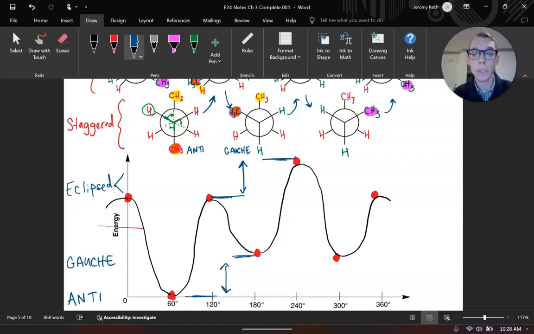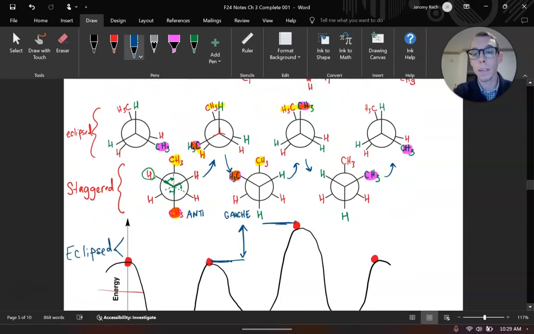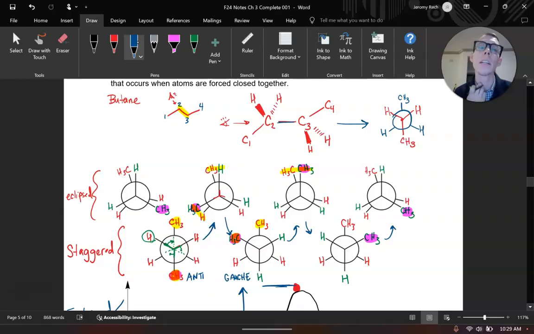It's best to do this in just tiny little chunks where you choose one of your conformations, and we're going to get a bunch of practice on this in class. Choose your starting conformation, and then rotate it little by little and draw all of those different ones, and then identify, is this going to be my staggered gauche or my anti-gauche? Is this going to be my eclipsed?